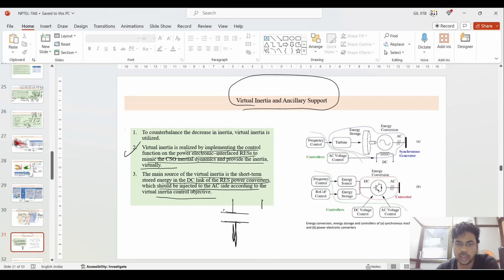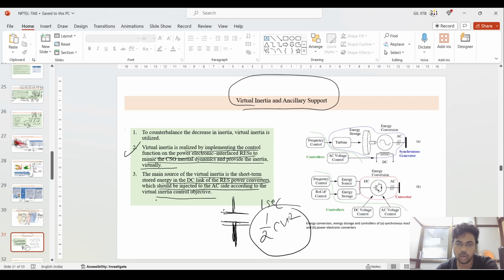Suppose you need inertial support before the primary control operates, for a duration of 1 second or less. You can provide the power from this DC link capacitor-based system, that is half CV square. You can utilize that energy.